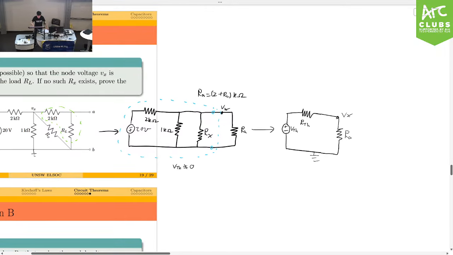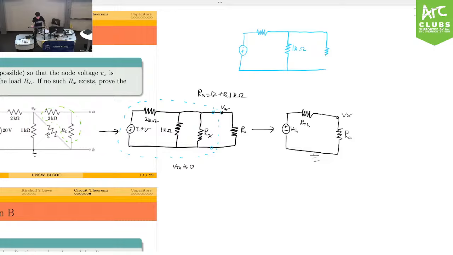For this circuit, let me draw in blue whatever I circled here. That's going to be 2 kilo ohm. That's 1 kilo ohm. That is Rx. So that's 20 volts. Do you see it?